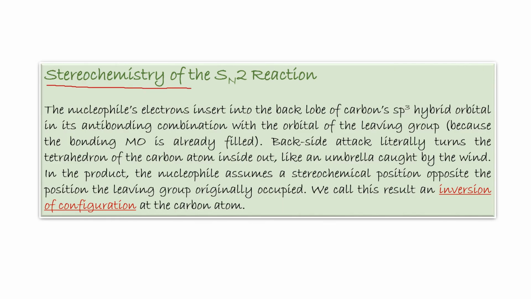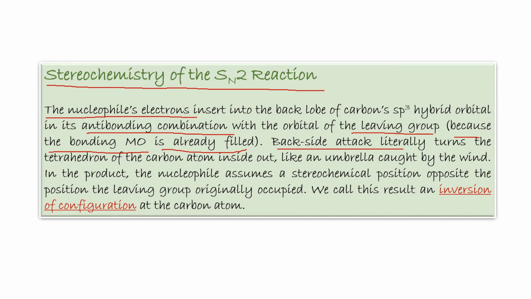Stereochemistry of the SN2 reaction. The nucleophile's electrons insert into the back lobe of the carbon's sp3 hybrid orbital, in its antibonding combination with the orbital of the leaving group. Of course, because the bonding molecular orbital is already filled.